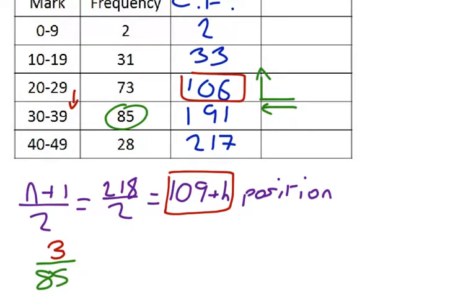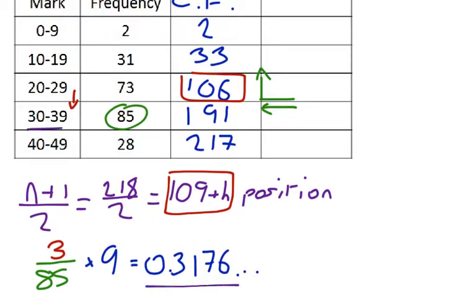And the group has size 9, so we need to go 3/85ths of the way into a group of size 9, and when we do that we get an answer of 0.3176, and the decimal carries on going. So we need to go that far into this group.